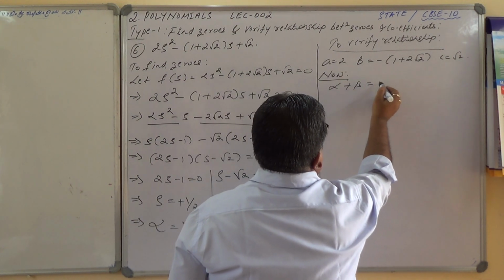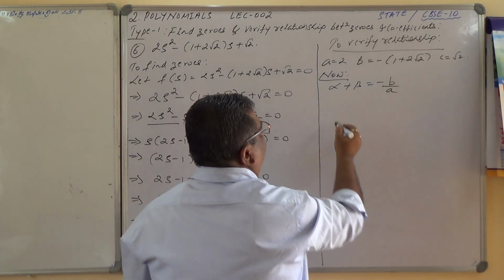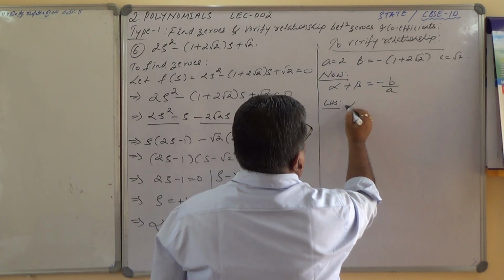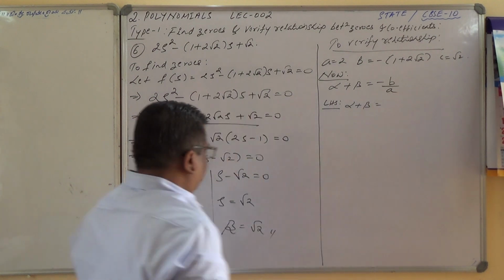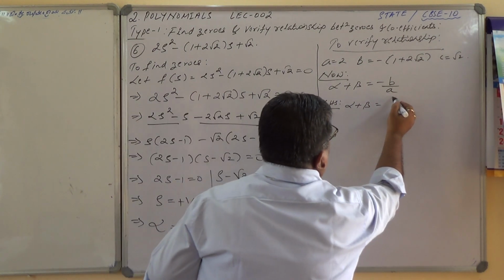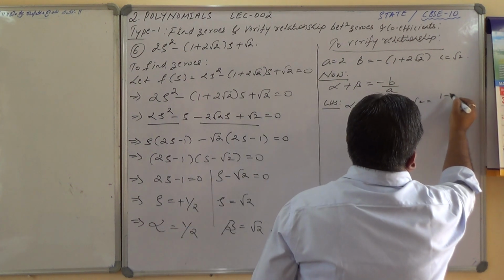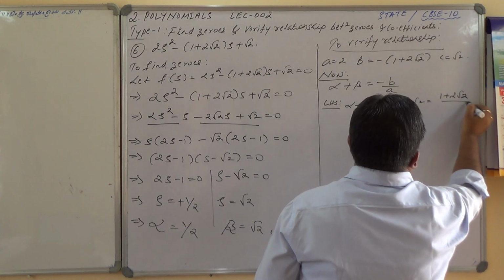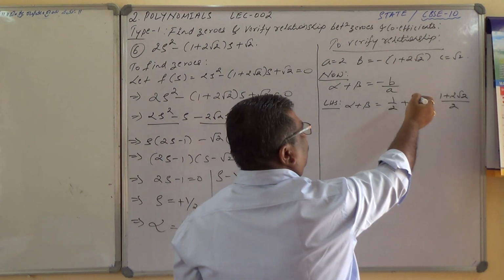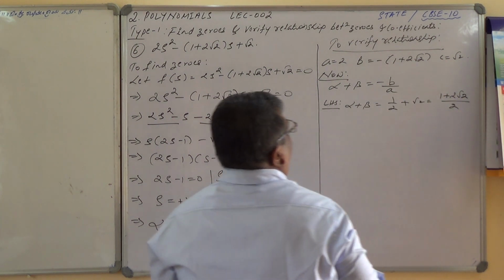Okay, now alpha plus beta equals minus b by a, which we know. So LHS: alpha plus beta equals, what is alpha here? Half plus root 2 equals 1 plus 2 root 2 divided by 2, because 1 by 2 is 2 root 2 over 2. So this is what we are getting.